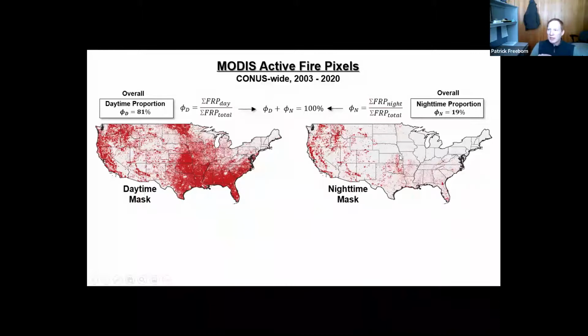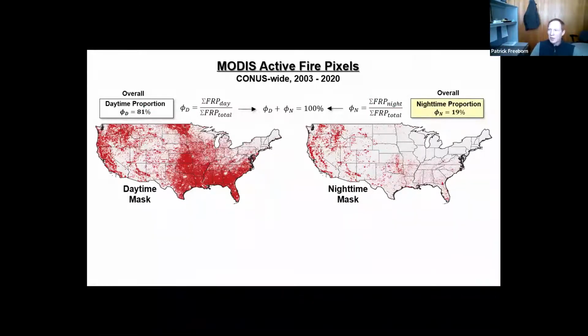And so you'll notice that these daytime and nighttime proportions are complementary, so that when you add them up, they equal 100%. And the takeaway here is that overall, across CONUS between 2003 and 2020, if you consider all of the fire radiative power that MODIS detected, only 19% was detected at night. The balance, 81%, was detected during the day.